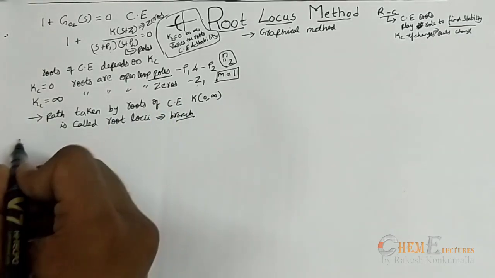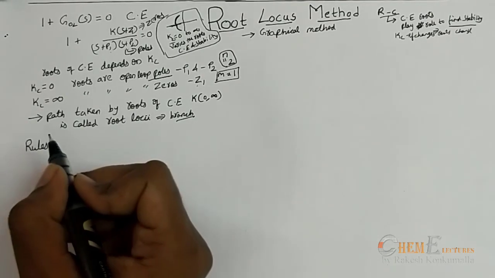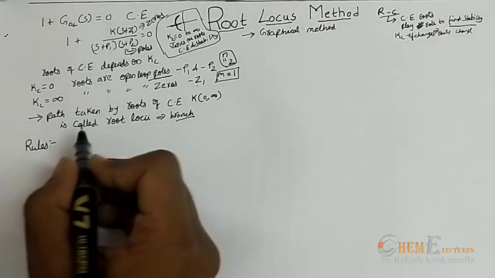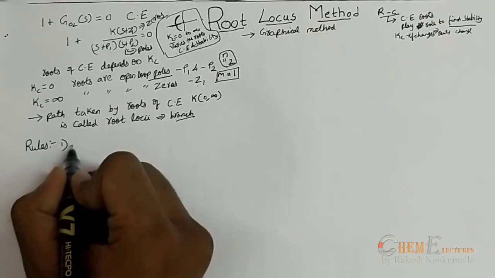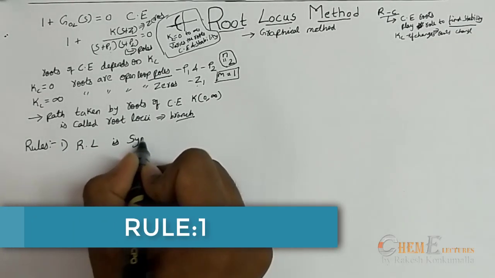Now coming to the rules for the root locus method, the first point it tells is that the root locus is symmetrical to the real axis.